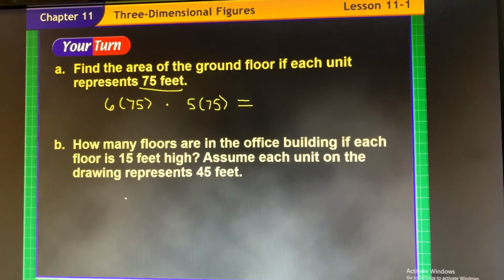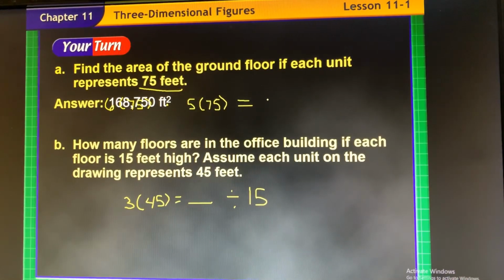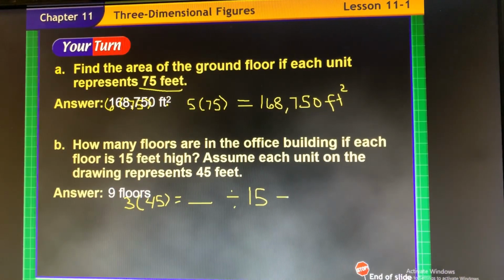This one, remember, it's 3 floors at 45 for each unit. Get your answer, and then you're going to divide by 15. Whoops, 168,750 feet squared. And this one is 9 floors.